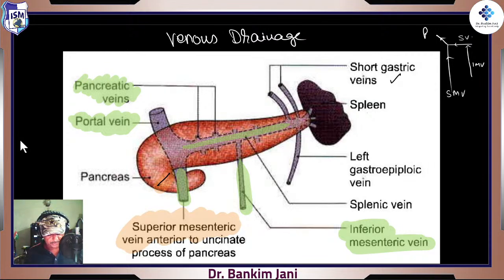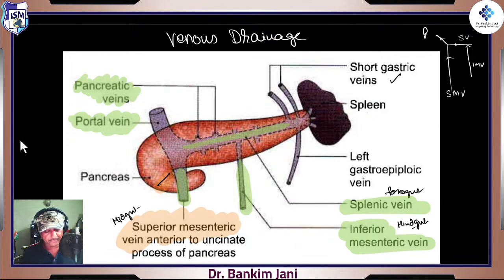So superior mesenteric taking care of midgut, right? Inferior mesenteric vein taking care of hind gut. This splenic is taking care of the foregut, right? And whosoever is near, they will be draining into any of these three veins.